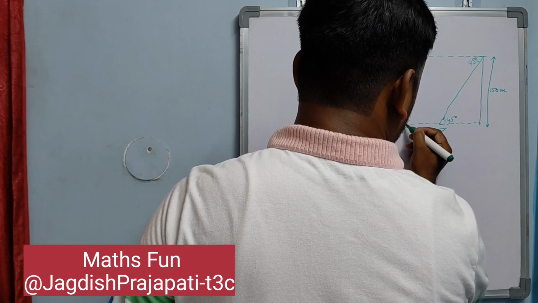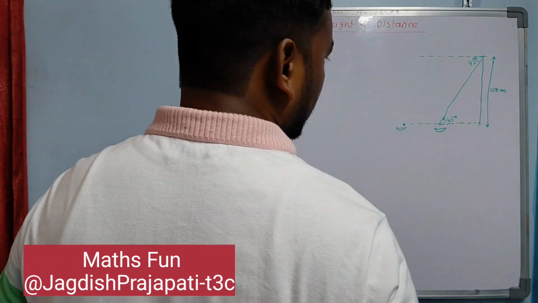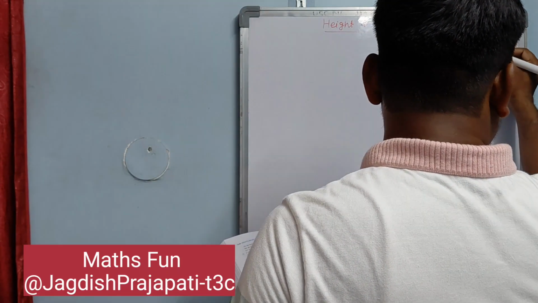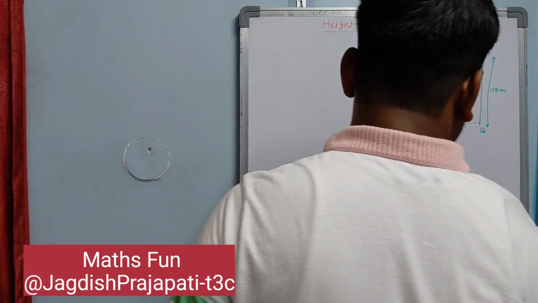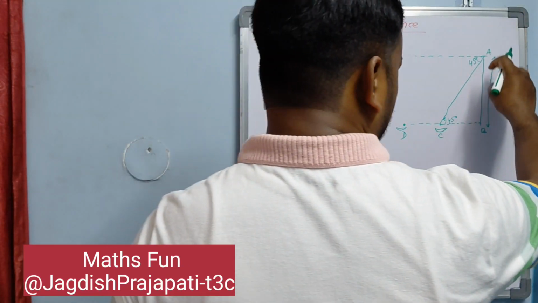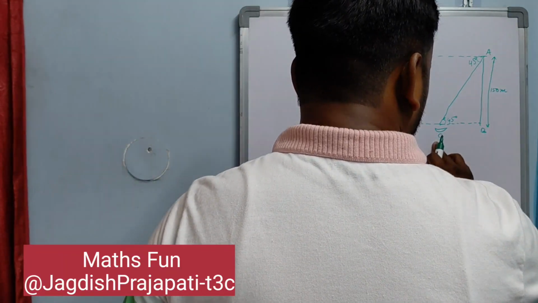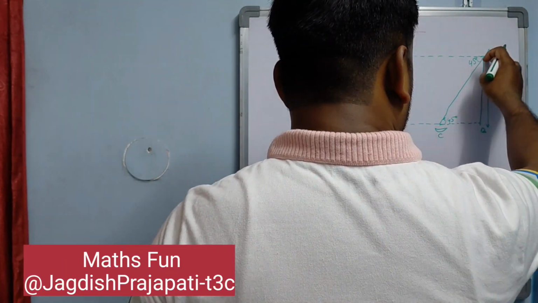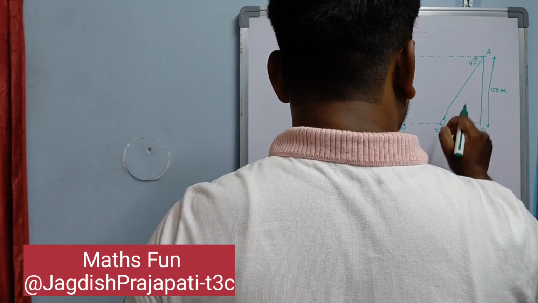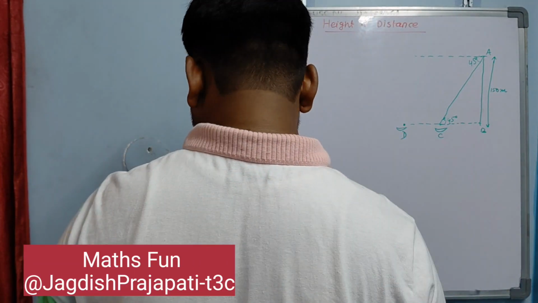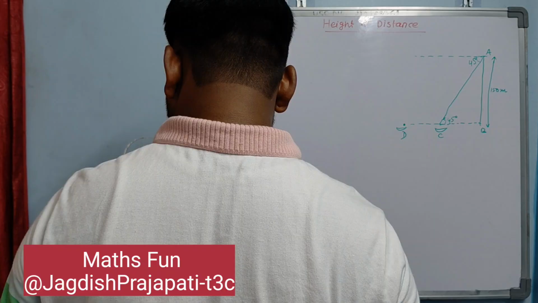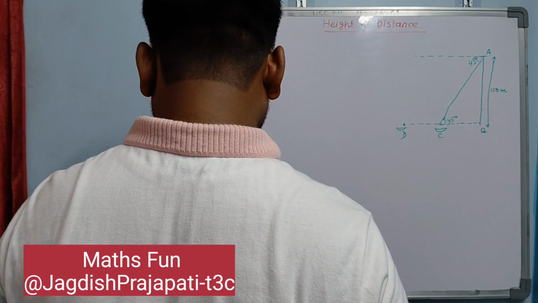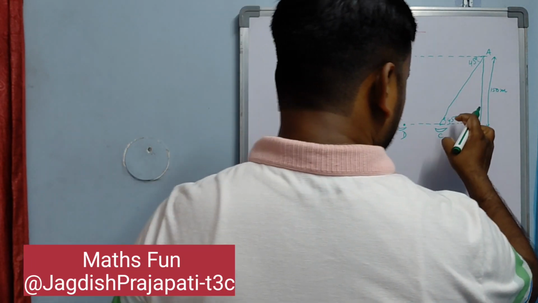Okay, let's say this is A, B, C and D. Let AB be the cliff, and C is the point where the angle of depression from the point A is, no, actually this is 60 degree.